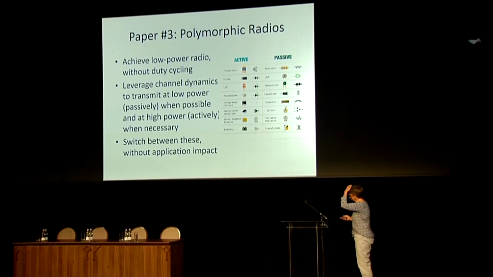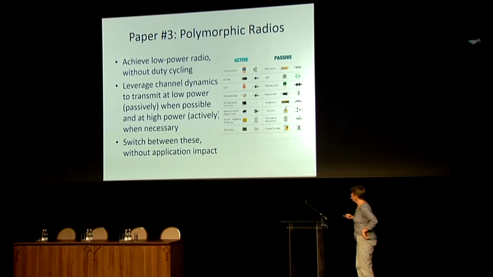The idea here is, if you want a radio that can operate at low power, yet still is on all or most of the time, for example because you're streaming sensor measurements, duty cycling, turning off the radio and turning it back on again, is an obvious way to save power. But if you need to be transmitting most of the time, even at low rate, duty cycling is problematic.